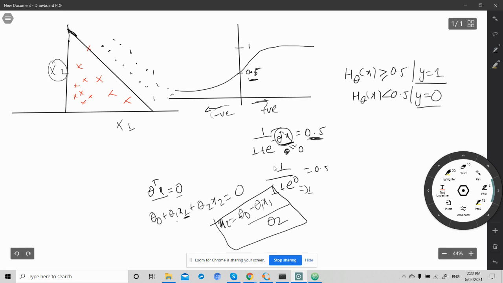So to get this boundary line, my x matrix will be the min and max points, and my x2 will be this equation. So let's implement this equation and see our boundary line.